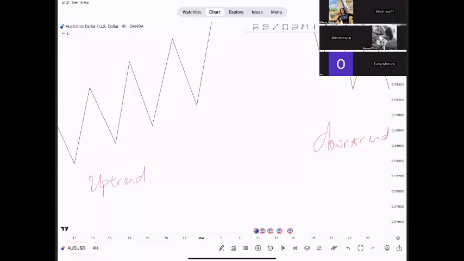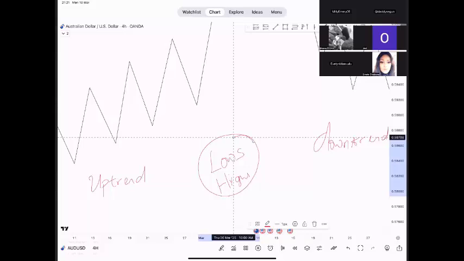One thing these three types of market structure have in common is that all three have lows and highs. If you remember our class on candlesticks, we established that these candlesticks have opening, closing, highs and lows, right?